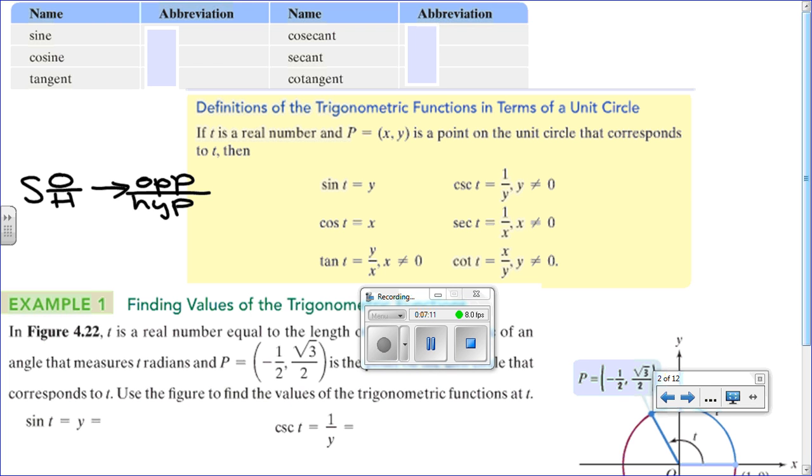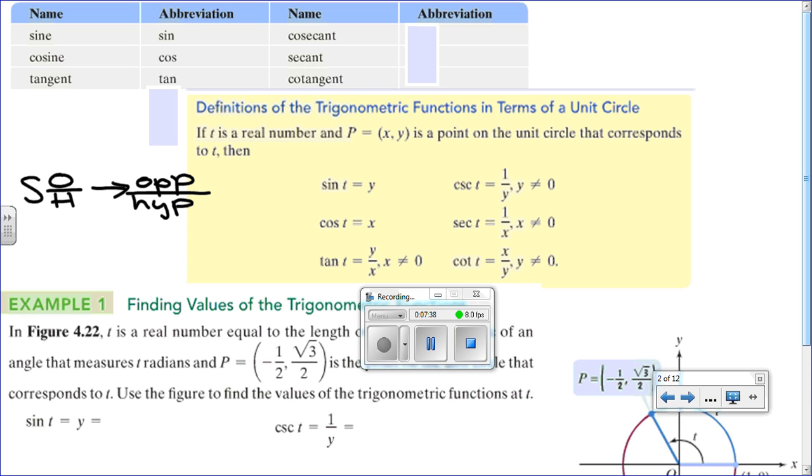Before that, the abbreviation for sine is sin, cosine cos, tangent tan. So you will not say "sin of 30" or "sin of pi." You're going to say the whole word, okay? I can't stand when people do that. So it's not sin, cos, and tan. It's sine, cosine, and tangent.